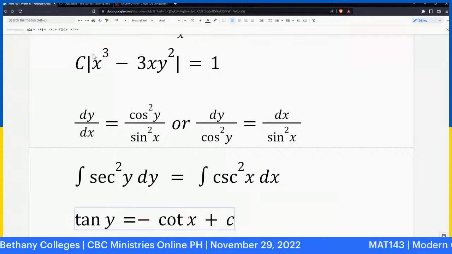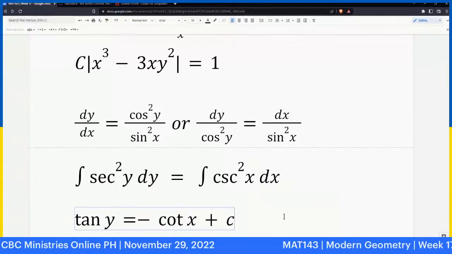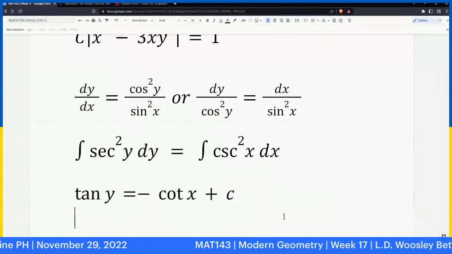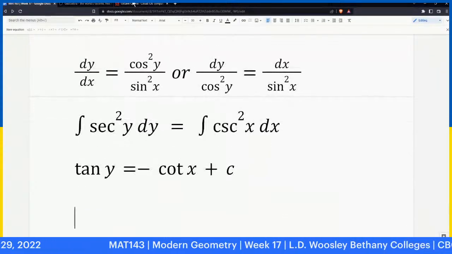Okay, I think this will be fine with you. Uli na to, last item na to. Okay.